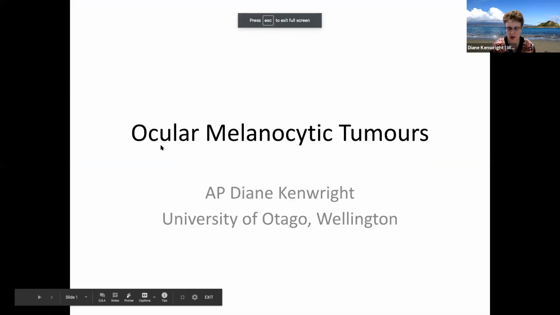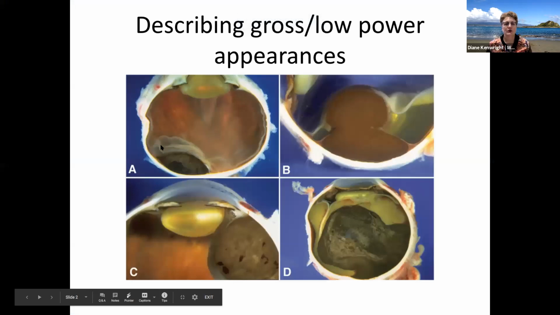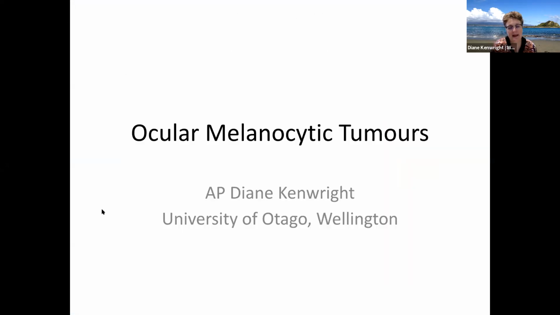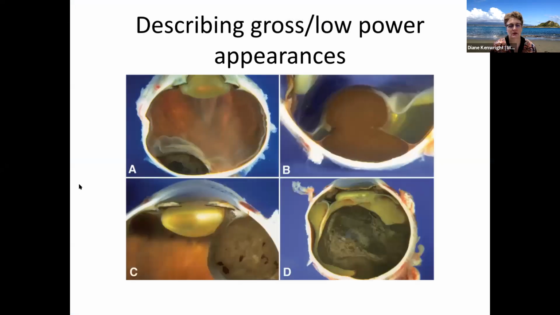All right, ocular melanocytic tumors. It's important to develop a language around describing the gross and low power appearances. It's very much about just describing it the way you would describe any surgical mass, and you're good at describing surgical masses.